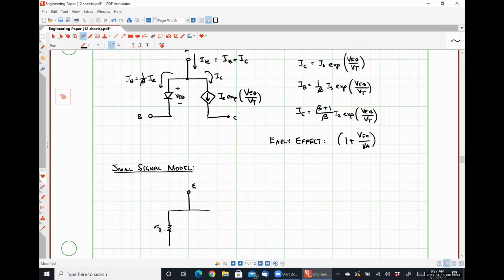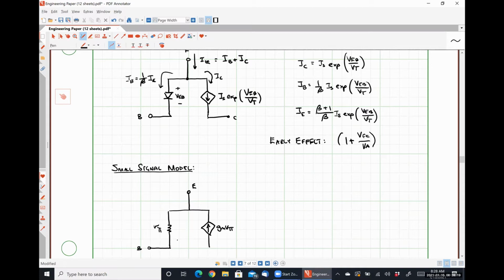here's R pi, which is relating the change in collector current due to the change in the base emitter voltage. So it's still playing the exact same role as before. Here is our base terminal. gm V pi is our transconductance multiplied by V pi.